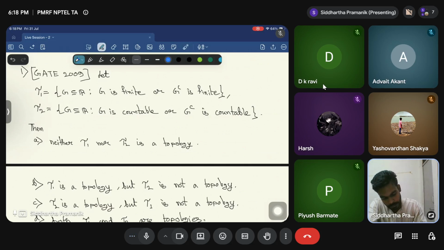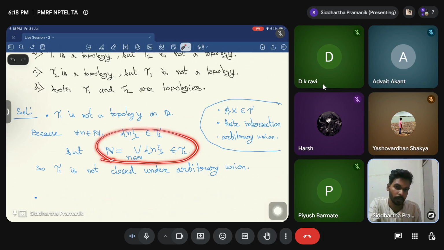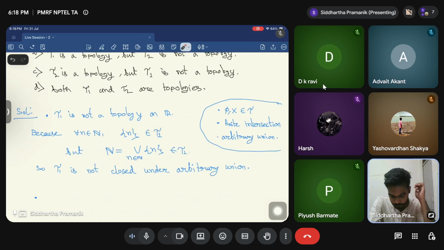For the first one, we constructed a set whose arbitrary union is not in that collection. So just try to use a similar kind of idea.